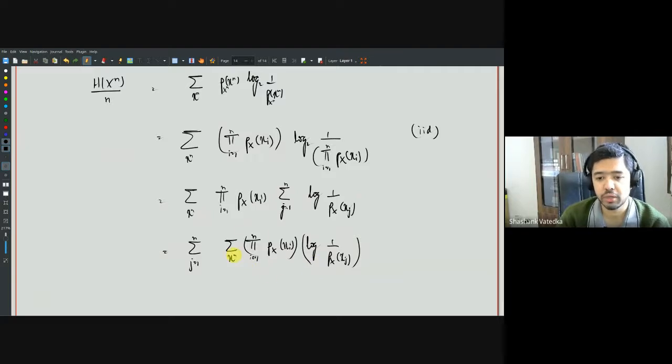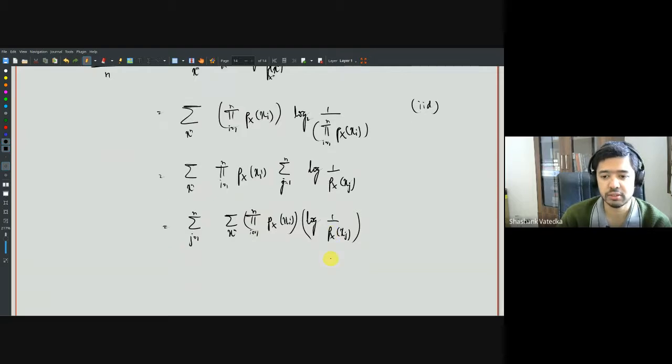And now I can just marginalize with respect to all other xi's not equal to xj. That just gives me summation j equal to 1 to n, summation over all possible xj of Px of xj log 1 over Px of xj.